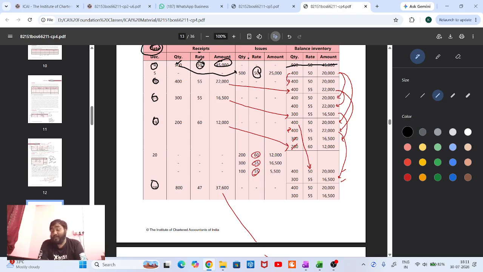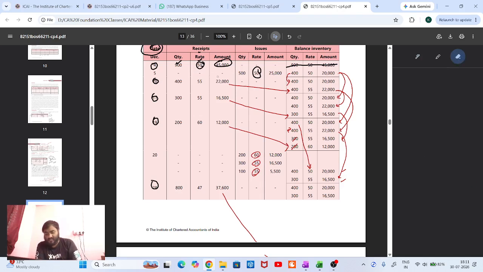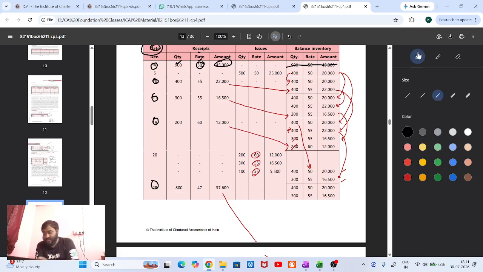You may sell for 50 or 100 or 5 lakh rupees, but the cost of the pen is 10 rupees only, right? So the rate of receipts and the rate of issues will be the same for the time being.